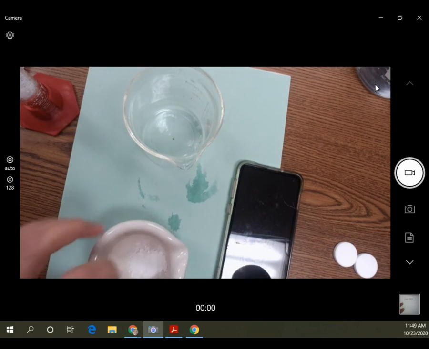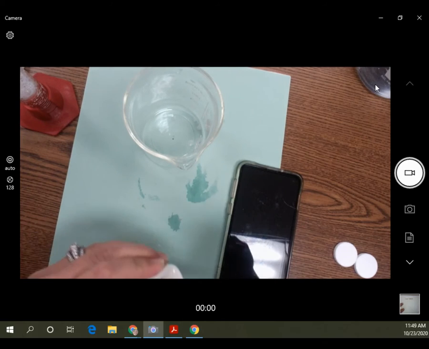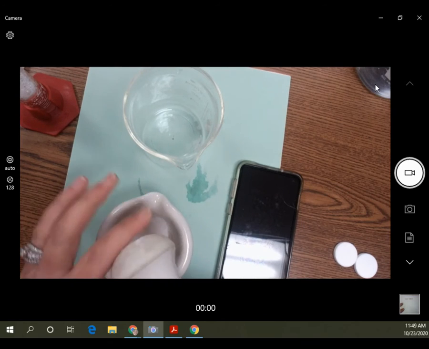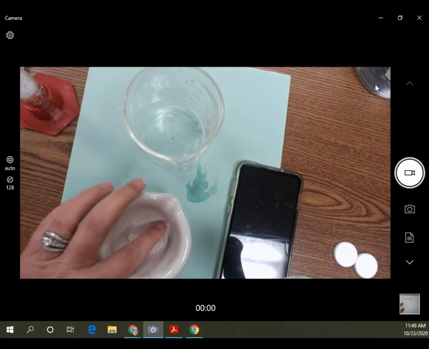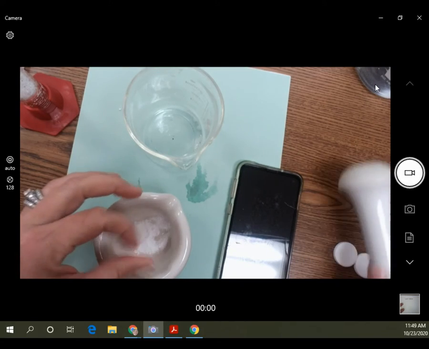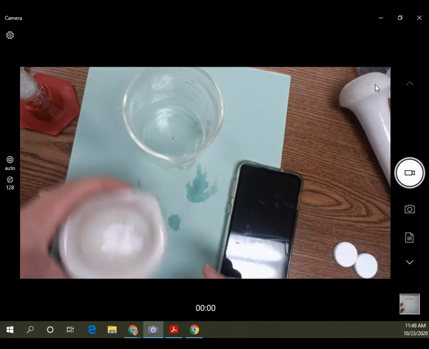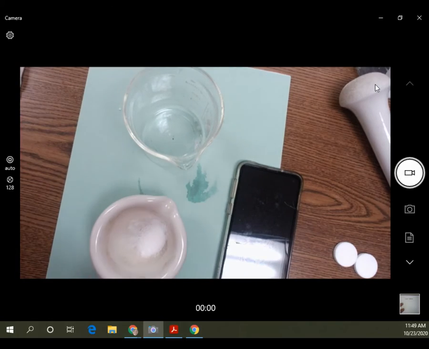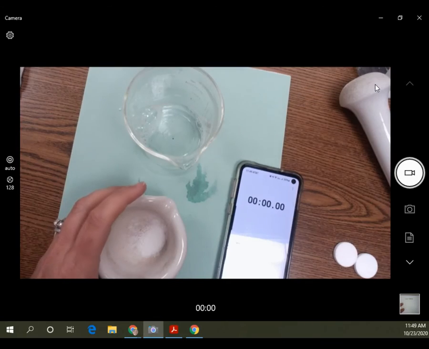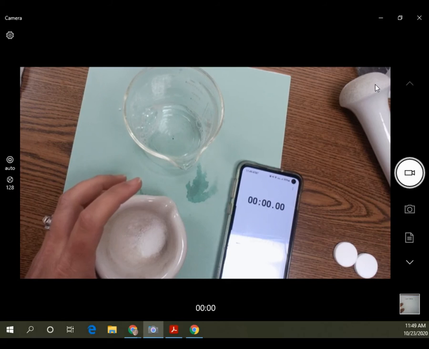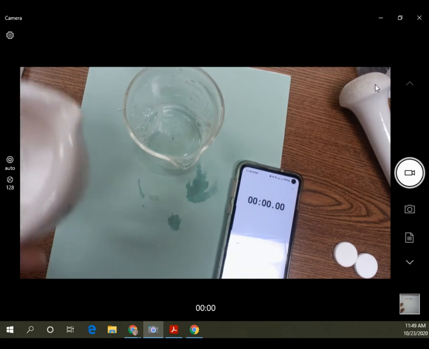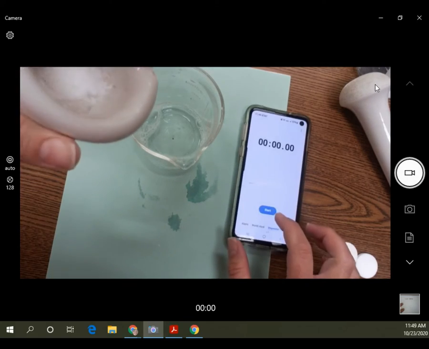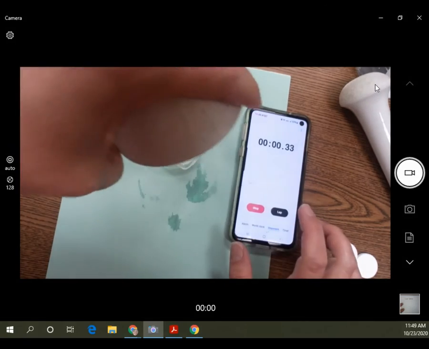Make sure it's not stuck to the sides. Okay. Now. All right. So, water in the beaker. Timer ready to go. And ready, set, go.